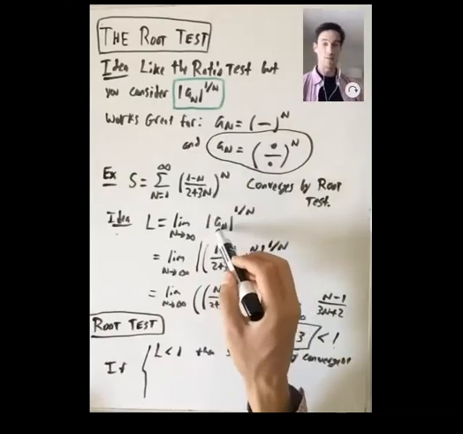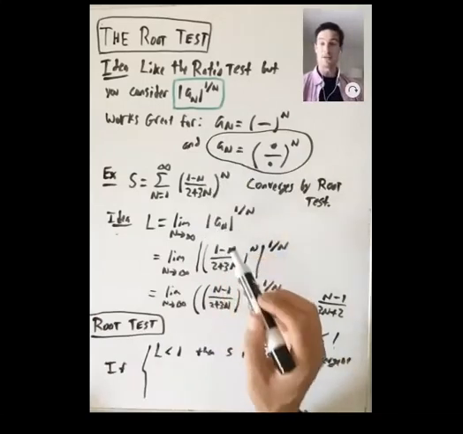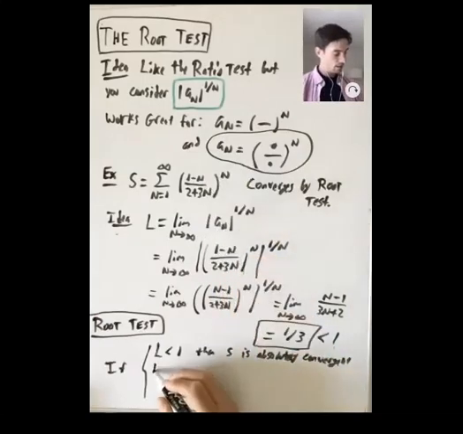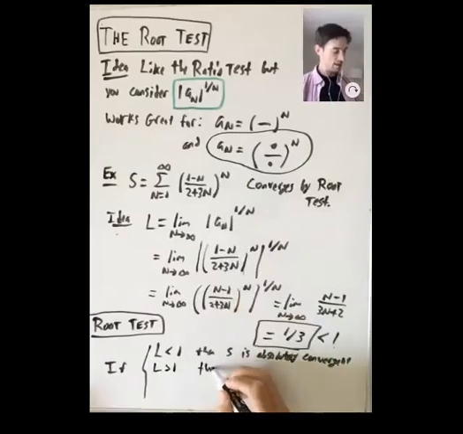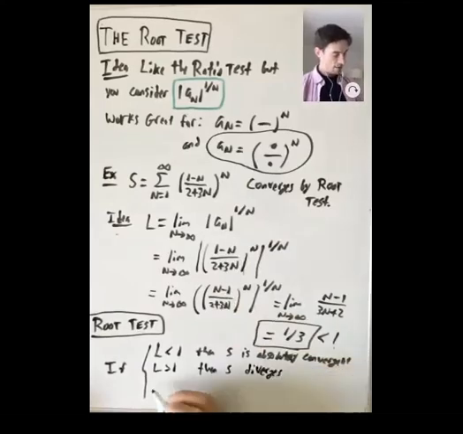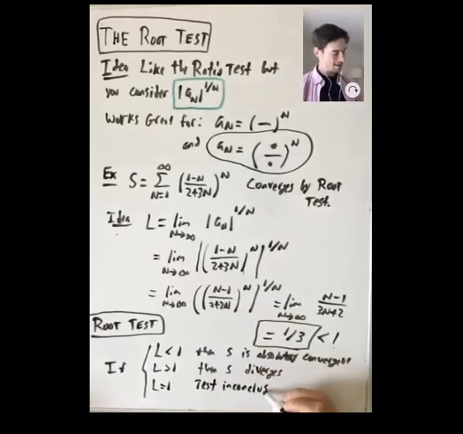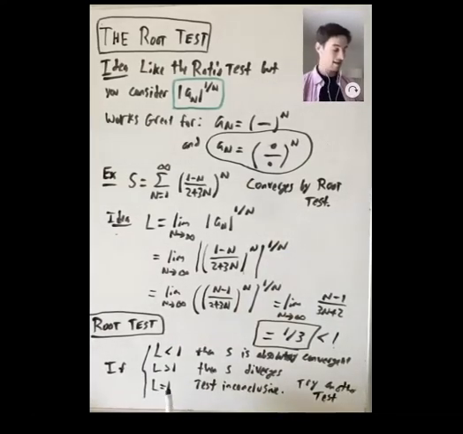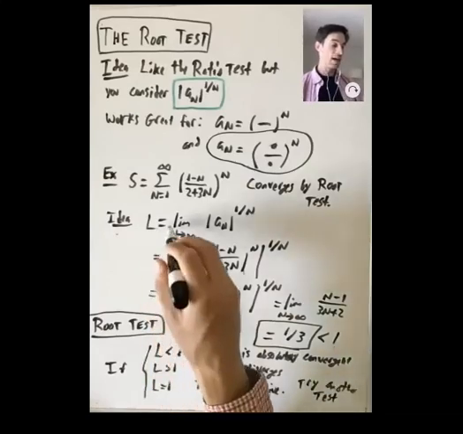That makes sense because when we take this limit, we're putting in these absolute values. If L is bigger than 1, then S diverges. And if L is equal to 1, the test is inconclusive, and you have to try another test. So look, this statement is exactly like the statement for the ratio test. It's just that this L is now defined in a different way.